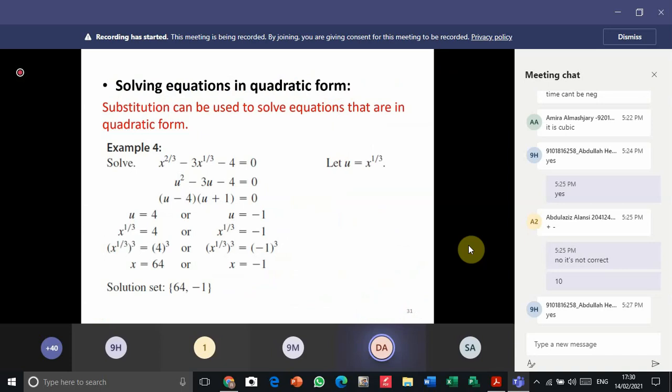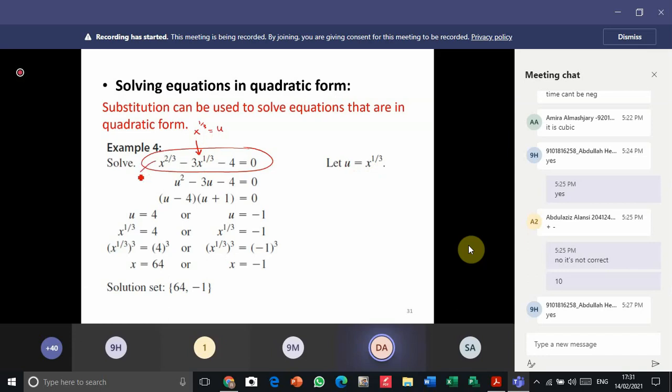Solve the equation in quadratic form. Here we don't have the equation in quadratic form directly. So we need to convert it to quadratic form. How? Let x to the power 1 over 3 equal u or y or s or t, any letter.